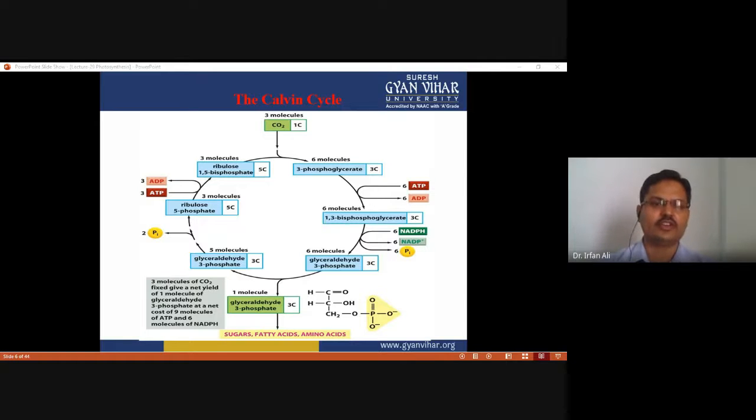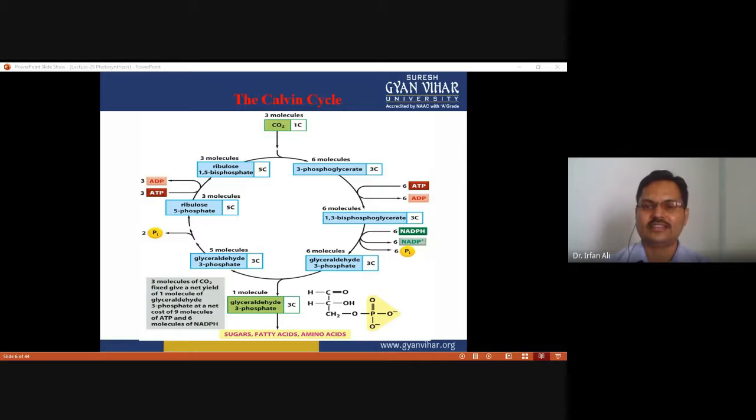Overall, this cycle utilizes three molecules of carbon dioxide and gives a net yield of one molecule of glyceraldehyde 3 phosphate, at a net cost of nine molecules of ATP. How many? Nine. Six ATP at this step and three ATP at this step. And six molecules of NADPH.